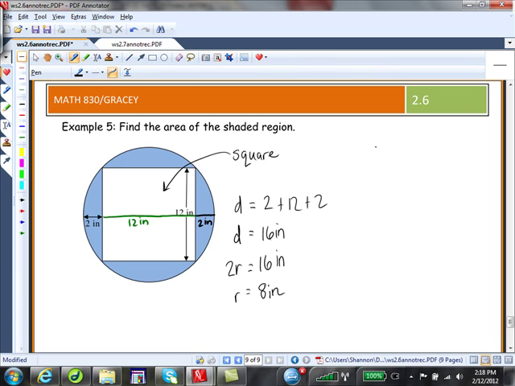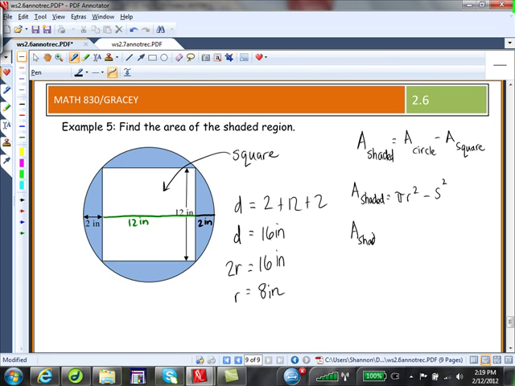Now, the area of the shape of the shaded region is going to be the area of the circle minus the area of the square. So the area of the shaded region will be pi r squared minus the side squared.